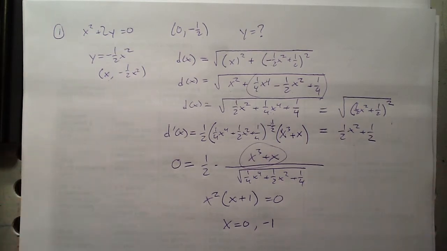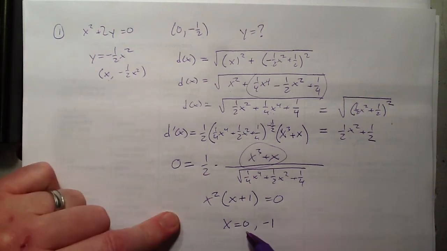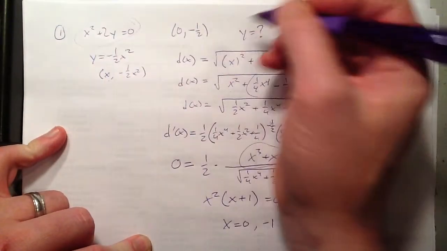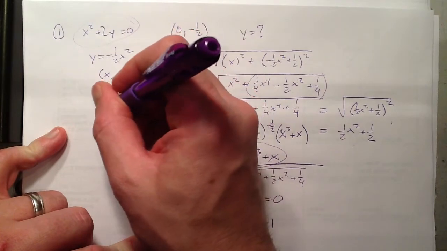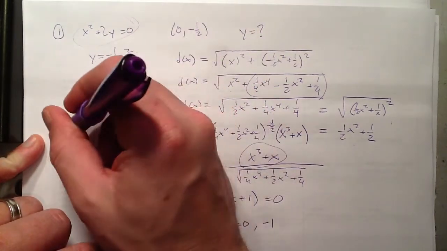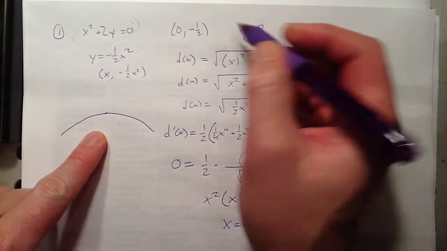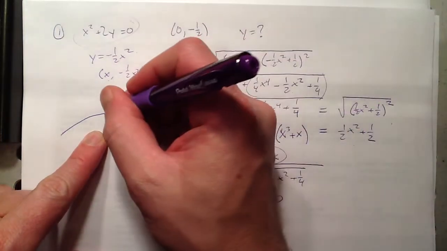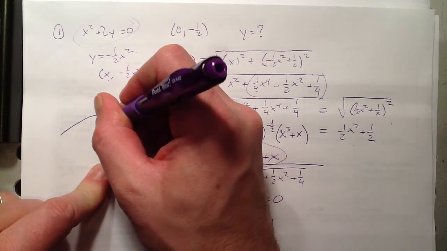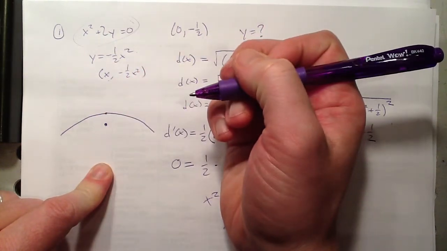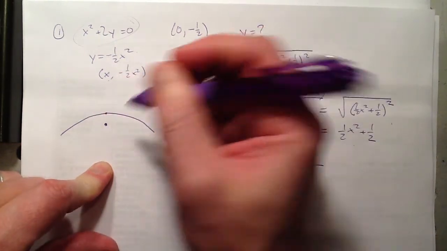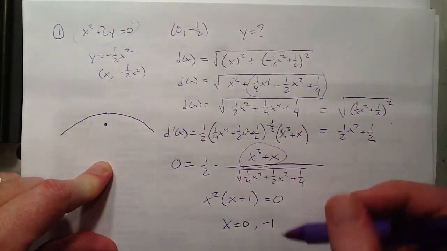which one is the real minimum value that we're looking for? If you think about the graph of this, this is a parabola that opens down like this, and we're looking for where it is closest to the point 0, -1/2. And I suppose we could just check those points.